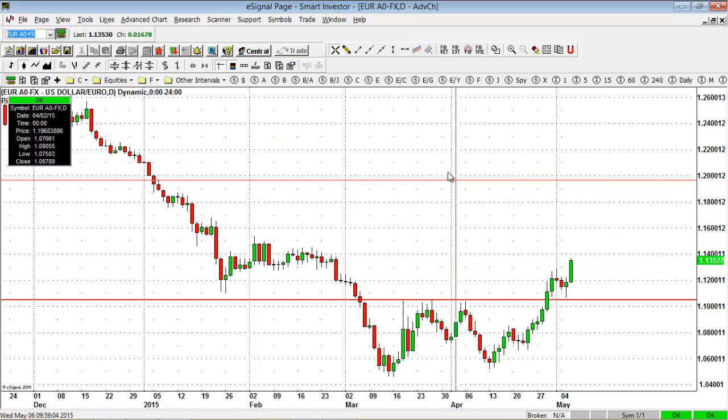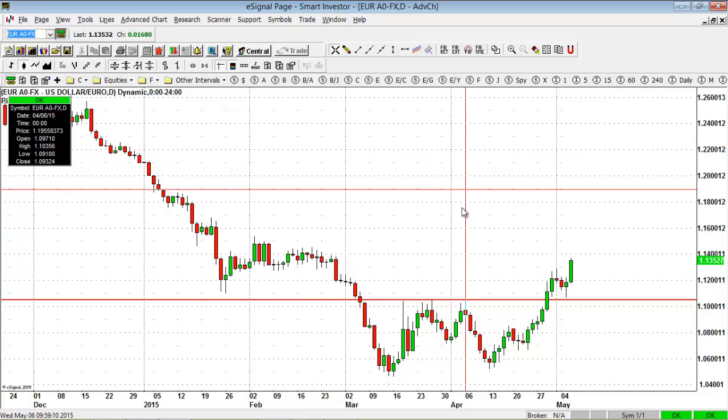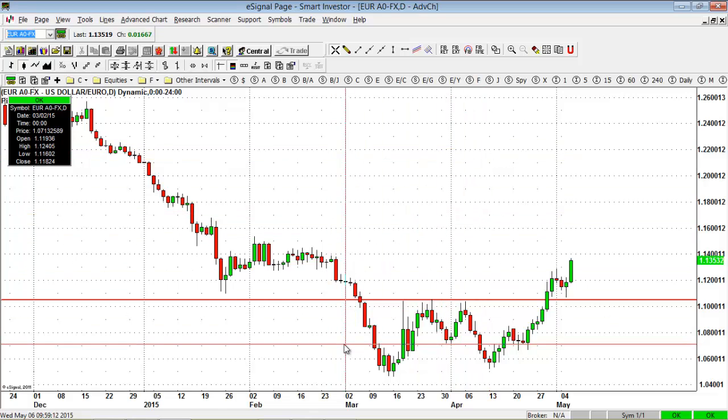What we have in front of us is the daily chart of the euro, and what's happening in the euro is that this area was resistance near this 110.50 area. The market came down, punched through resistance, came down, bounced off of resistance. So prior resistance then becomes future support.